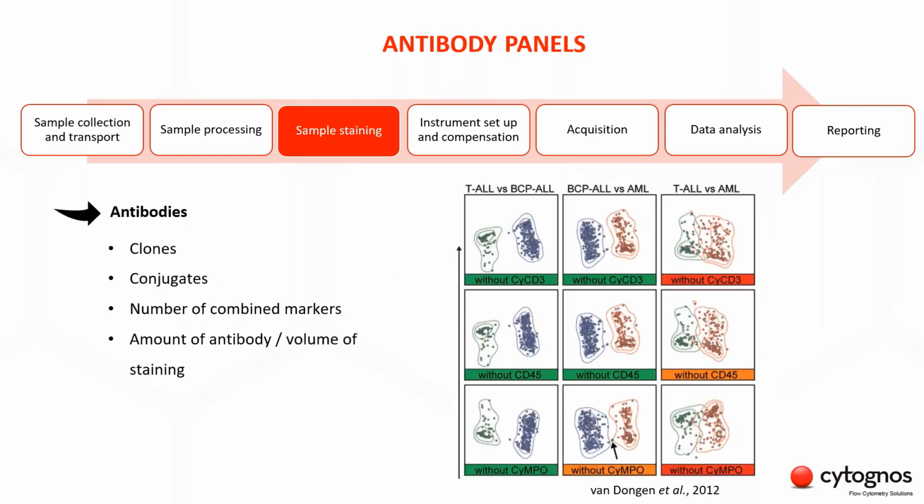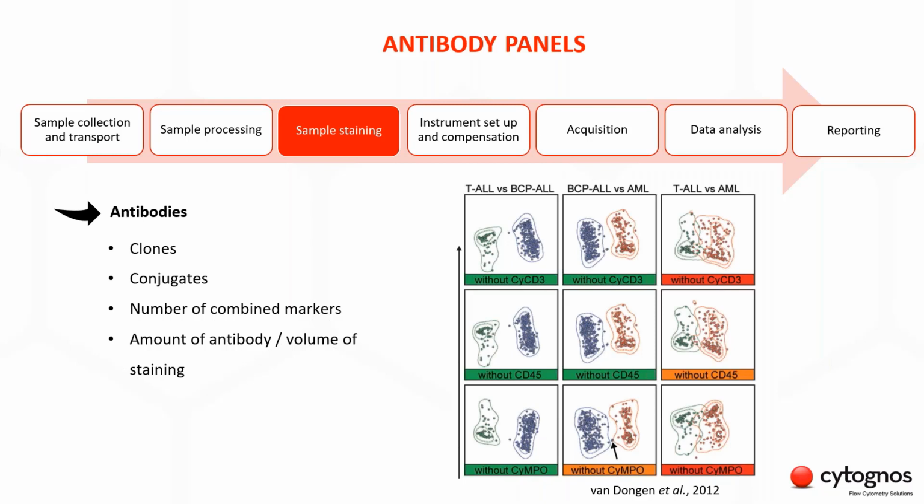Likewise, for selecting the marker, they look at the antibody clones, what is the best conjugate, also the number of combined markers in a single tube, and the amount of antibody and the volume of stain. They tested the performance of the marker combination together using software tools, and that's what we can see in this diagram.